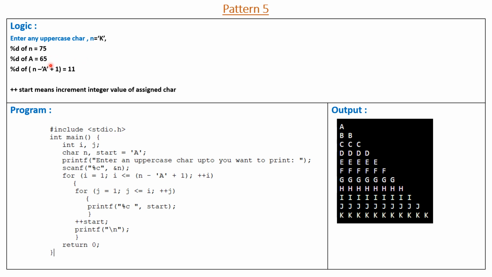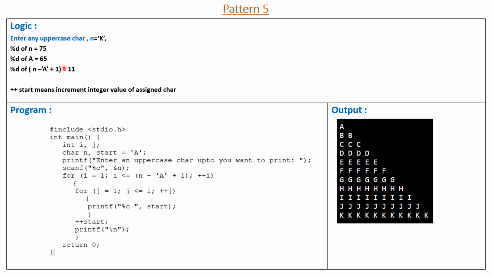As we have to print the uppercase letters from the start, I have considered one variable start which is assigned 'A'. So the integer value of A is 65. Similarly, k is stored in n. So the integer value of k is 75.